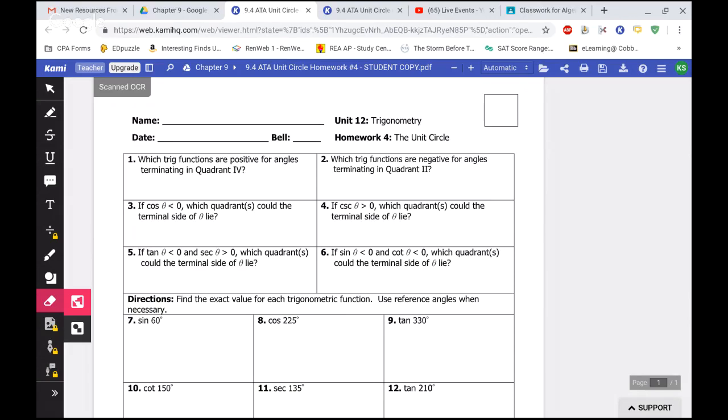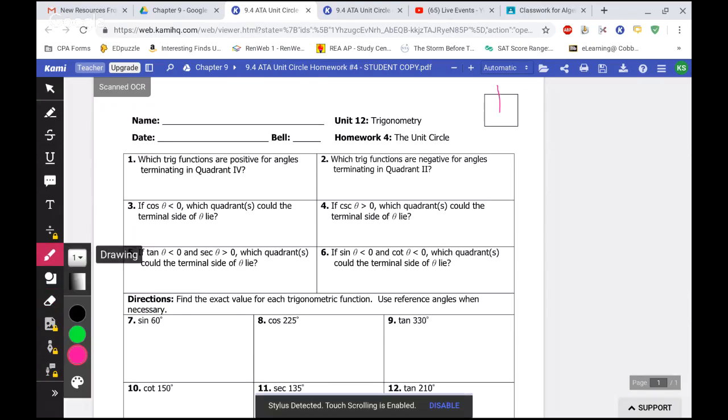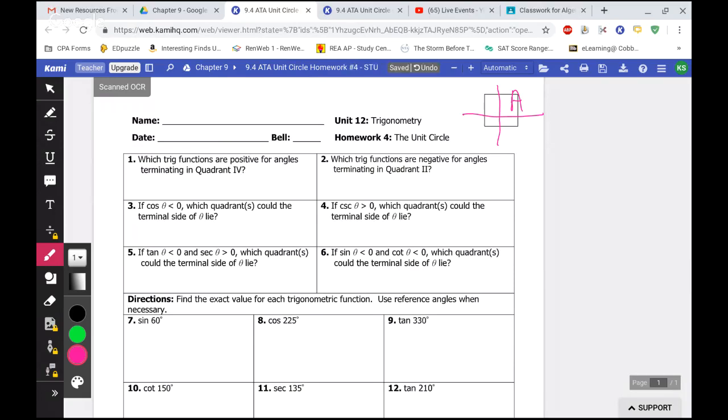Thank you. All right, so which trig functions are positive for angles terminating in quadrant 4? I usually just draw that, well, when my stylus works, I draw where all trig functions are positive in quadrant 1.